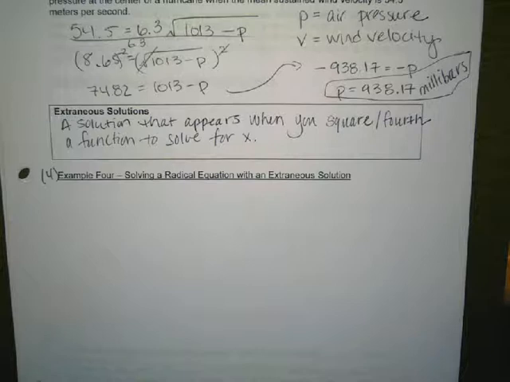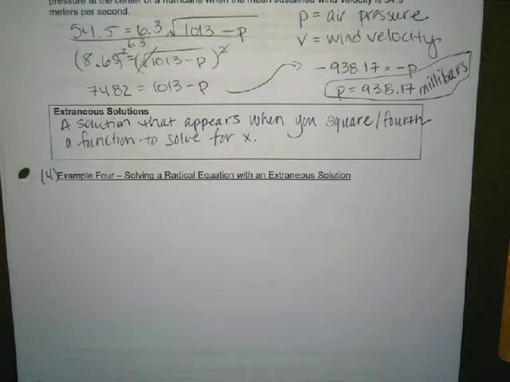So, extraneous is basically a solution that you end up getting. So like you solve your problem and you get an answer, but sometimes the answer that you get does not work, which is really not an answer. If you plug it back in and it doesn't work, that just means there's no solution really.